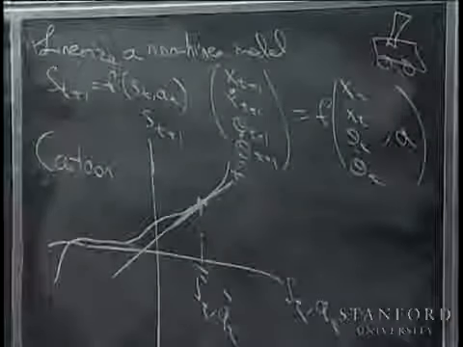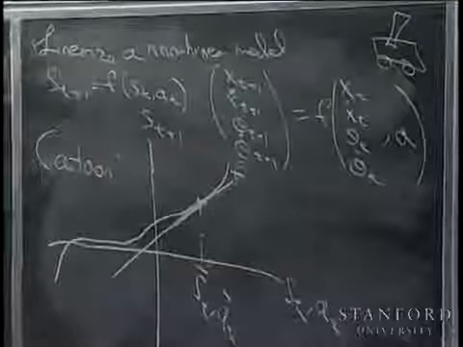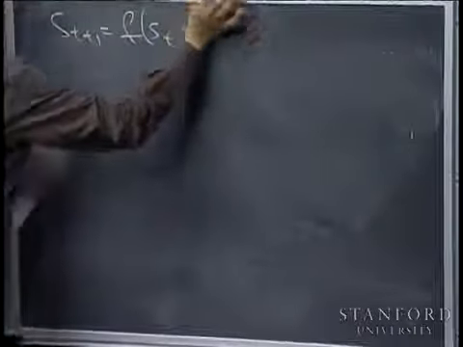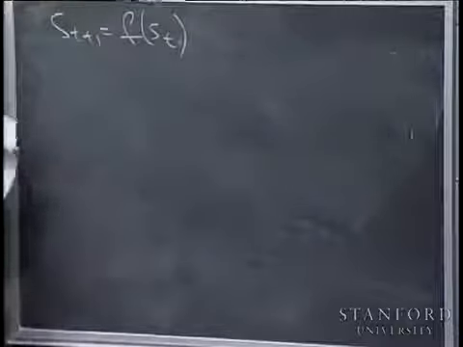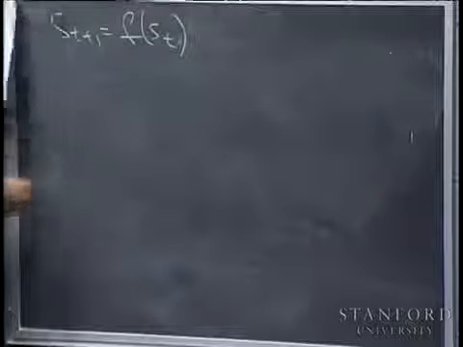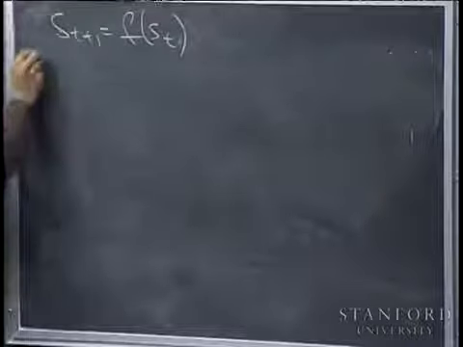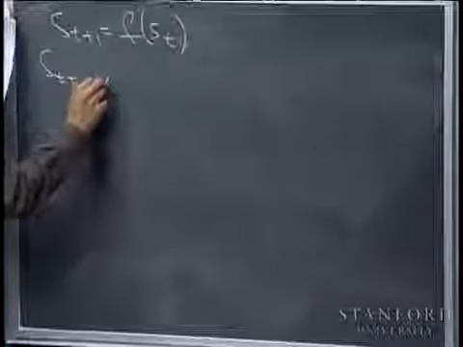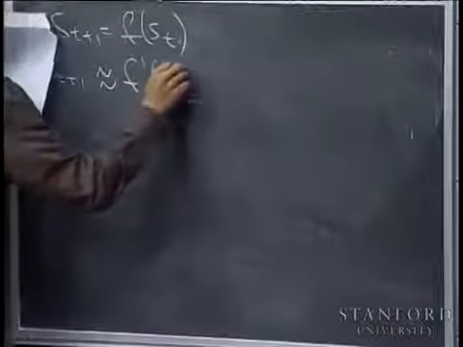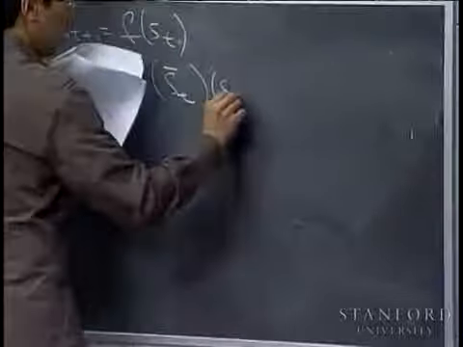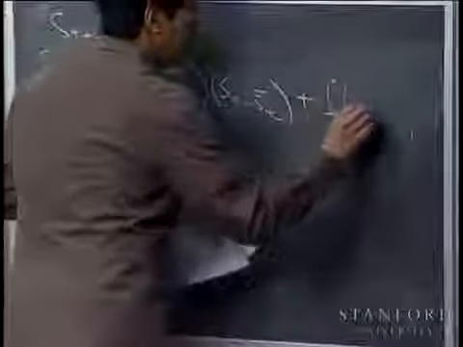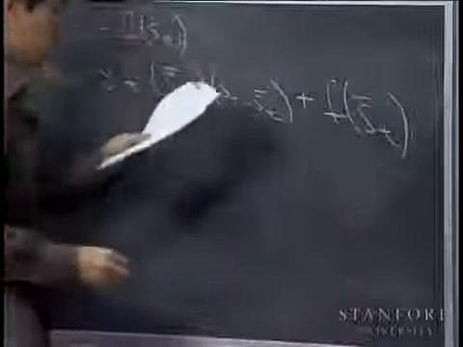Just to write this out in math, I'll write out the simple case first and the fully general one in a second. Suppose the horizontal axis was only the state. So let's pretend there are no actions in the MDP now. If s_{t+1} is just some function of s_t, then the linear function I drew would be that s_{t+1} is approximated as f prime evaluated at some point s bar t, times (s_t minus s bar t), plus f of s bar t.